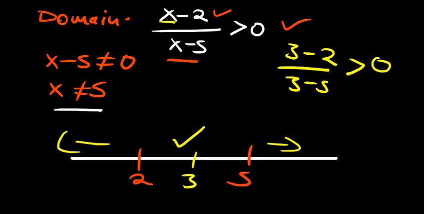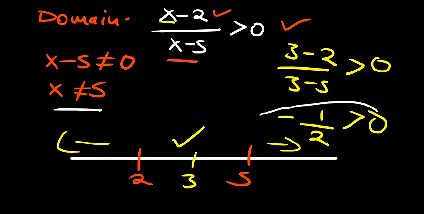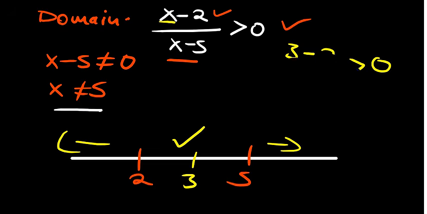So 3 minus 2 is what? It's a 1. 3 minus 5 is what? It's a minus 2. So if you ask yourself the question, is negative 1 over 2 bigger than 0, or is it less than 0? It being a negative value, it is less than 0. And therefore the condition is not satisfied. So the values between 2 and 5 are not the possible solutions to satisfy that inequality.